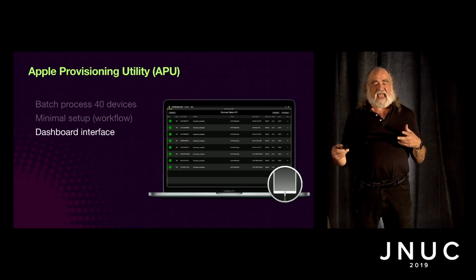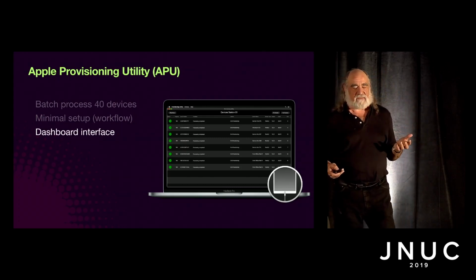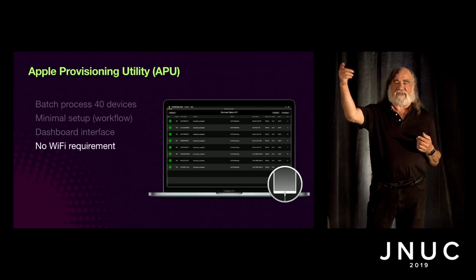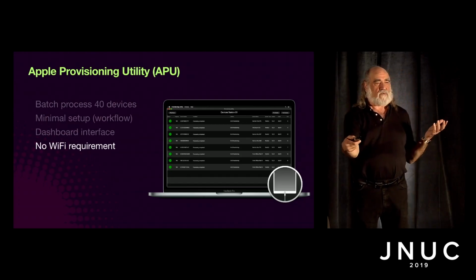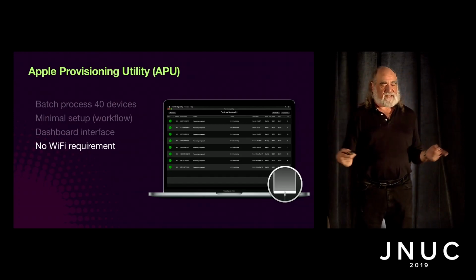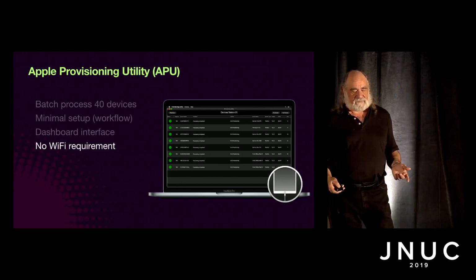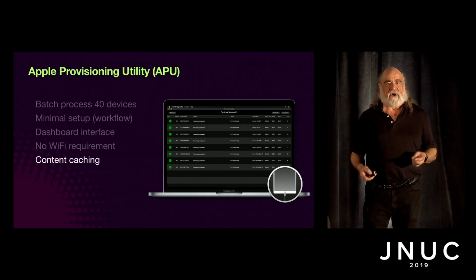It has a dashboard interface so you can see the status of each device as it's being processed. And it has no Wi-Fi requirement. You don't have to have this work over Wi-Fi. You can have a direct Ethernet connection to the Mac, and the devices will get any information they need through that as well. And it has built-in content caching that is part of the Mac.